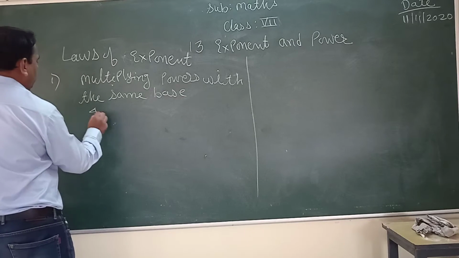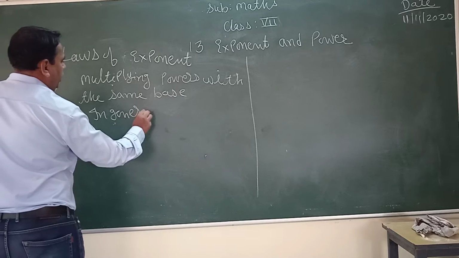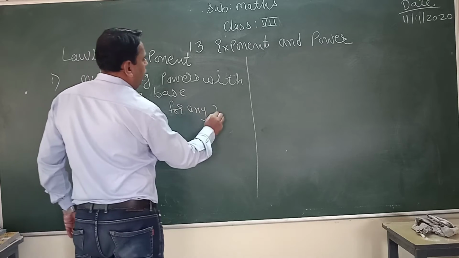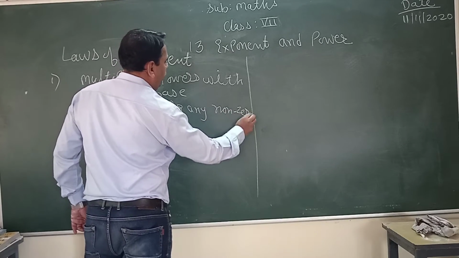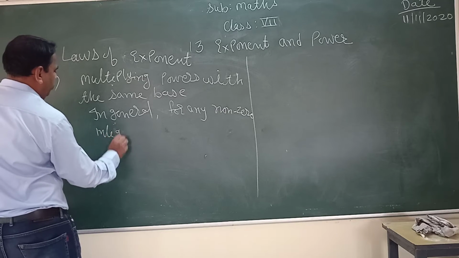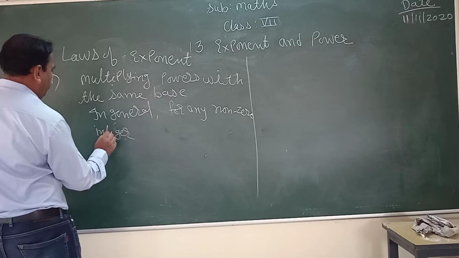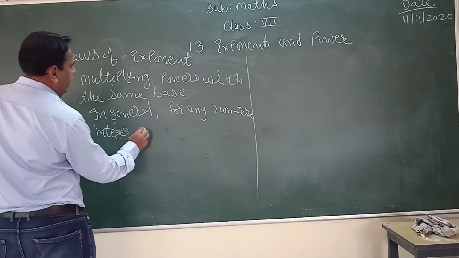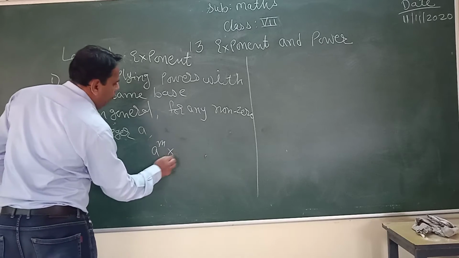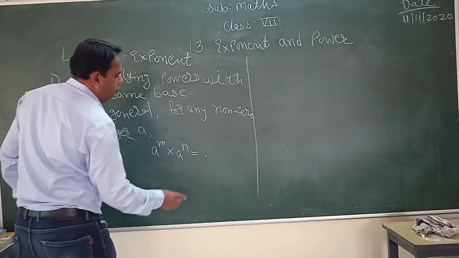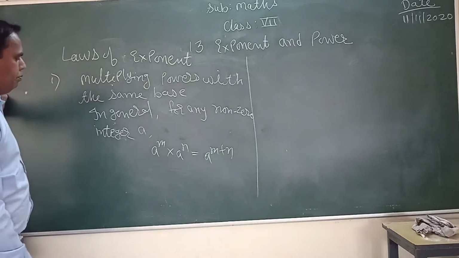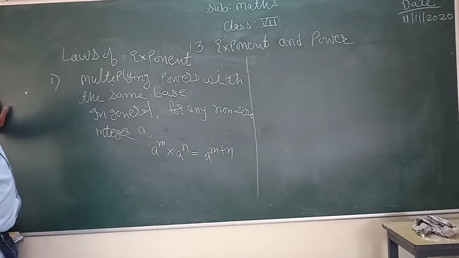In general, for any non-zero integer a, the law is a to the power m into a to the power n is equal to a to the power m plus n. This is our first law. Here m and n are whole numbers.